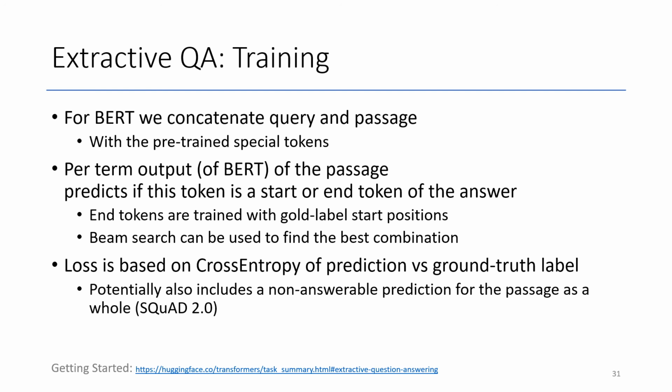The loss is usually based on a cross entropy of prediction versus ground truth label per term. And potentially this could also include another binary output that says if the question is answerable with the given passage. The second version of SQuAD also contains examples in that direction.